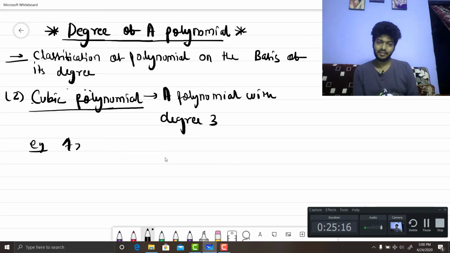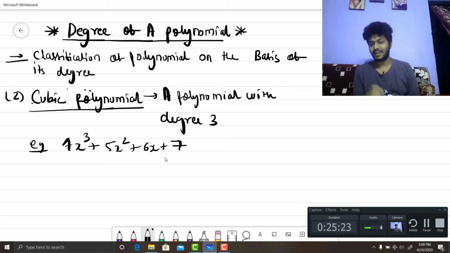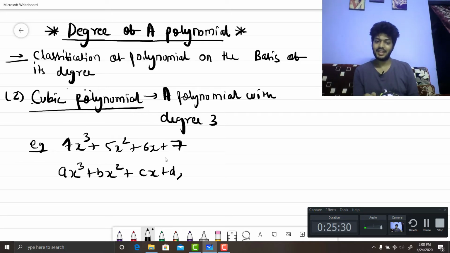Example: 4x cube plus 5x square plus 6x plus 7. Now I'm going to write its general form directly. It is of the form ax cube plus bx square plus cx plus d, and tell me the condition. I'm sure you can all tell the correct condition, which is a is not equal to 0, and b, c, d can be any numbers.